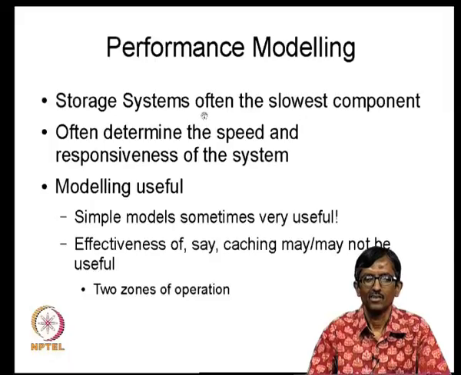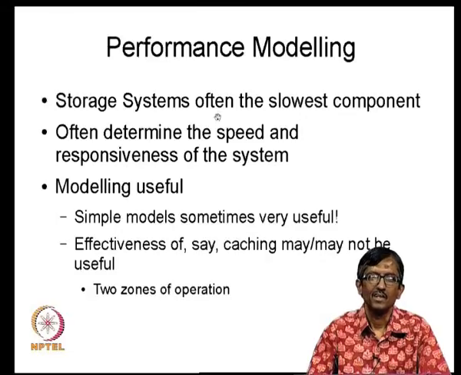Oftentimes in storage system situations, you do what is called back of the envelope calculations. A good example is if somebody says I have a disk and it can only do any random access about 10 milliseconds max, they cannot do anything better than that.